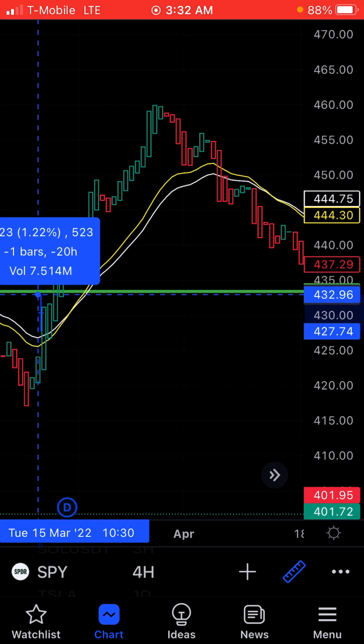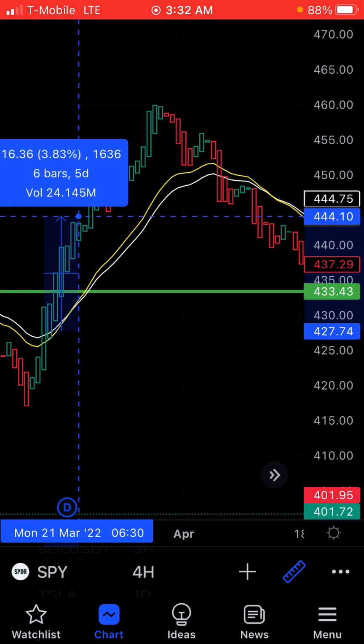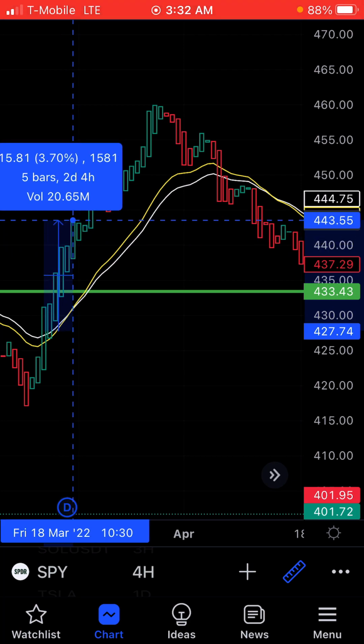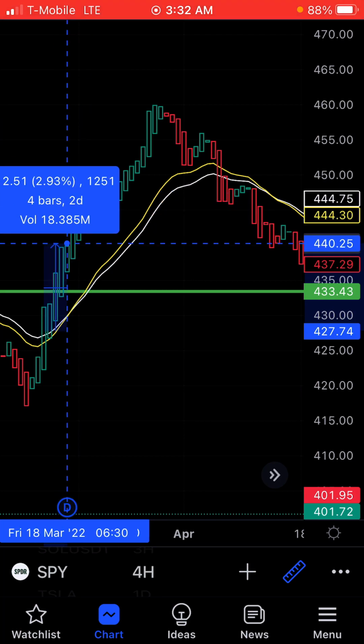So from here to about here, 2 days, 6 days. I'll do 2 days right here. By doing it at this point, it was a $2, so that's a little over $100 right there.